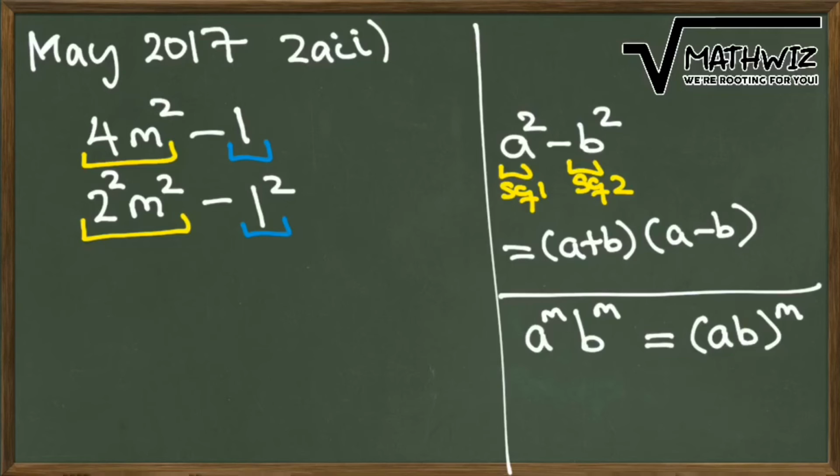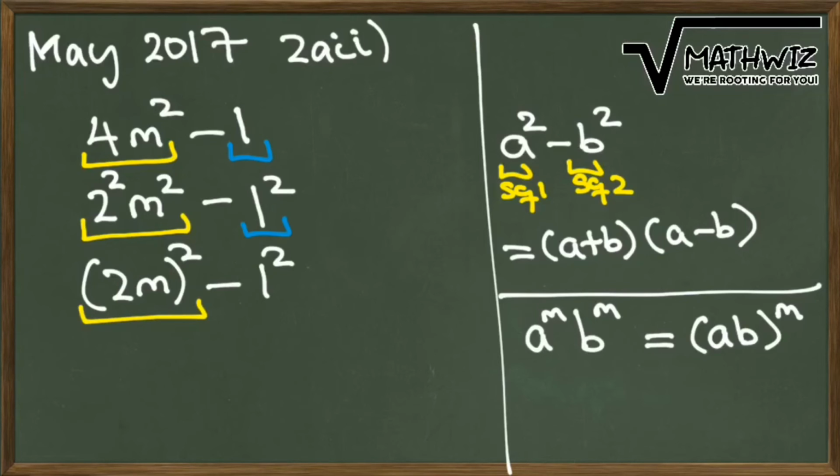Now this is looking at the difference of 2 squares, but not quite. This now looks like the difference of 3 squares. So I need to fix this up some more. So using my rule of indices, I can change this to 2m all squared. All right. So we go through. So this is square 2. This is square 1.